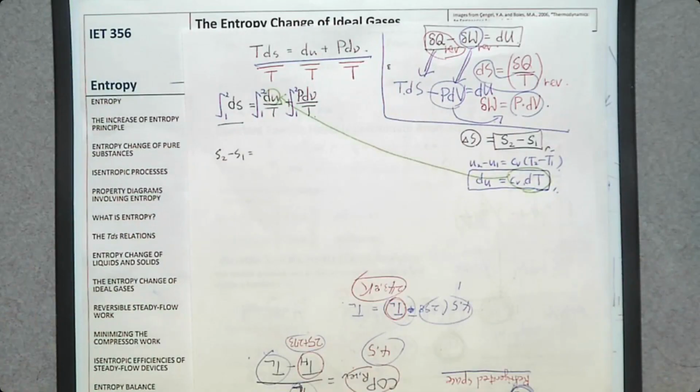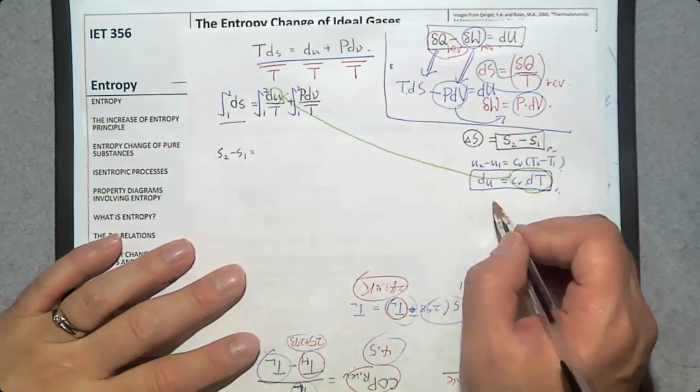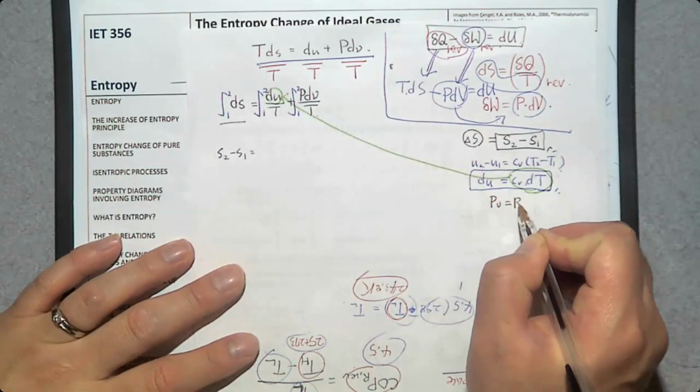What about the last term on the right-hand side? PdV over T. Can you integrate it? No, we can't, unless you know the relation among P, V, and T. So, is there any equation that has P, V, and T? Yes, the ideal gas equation. Pv is RT.